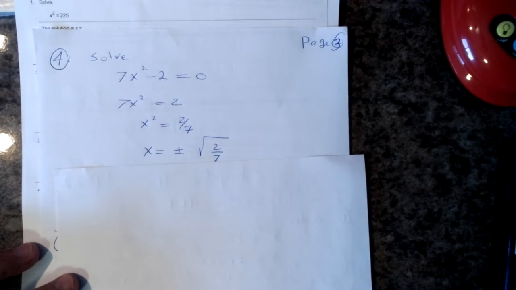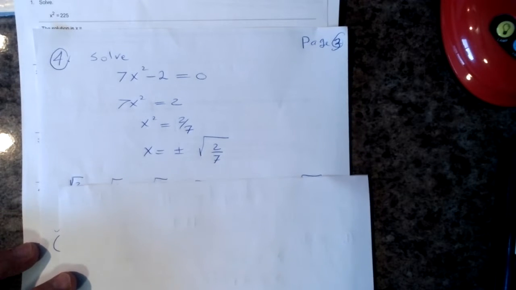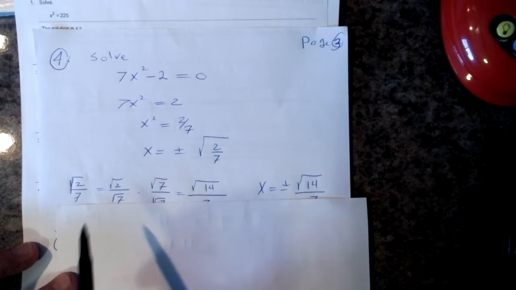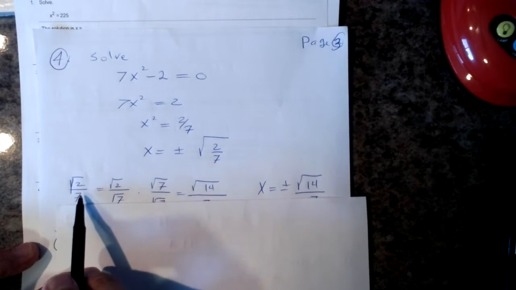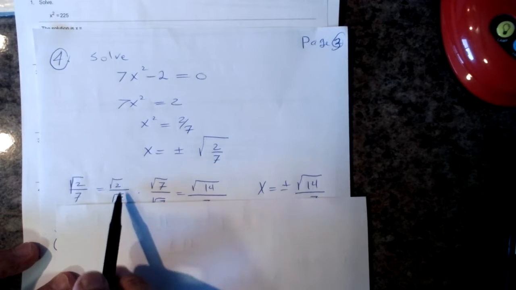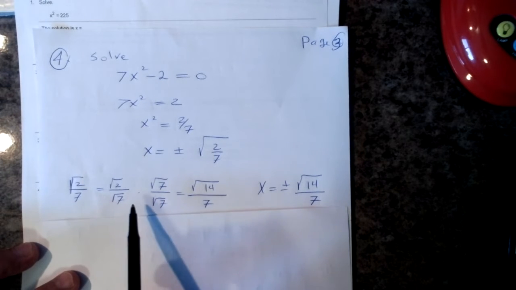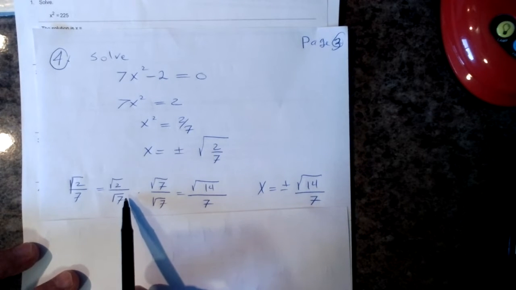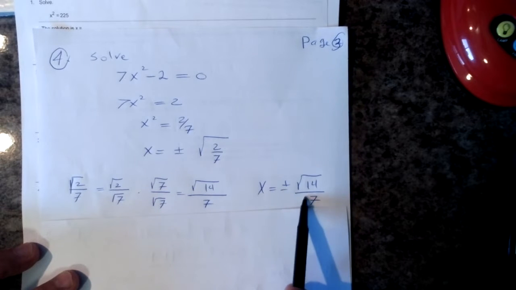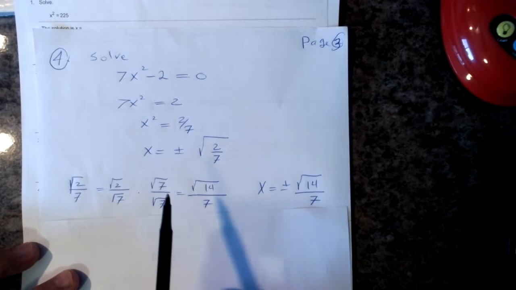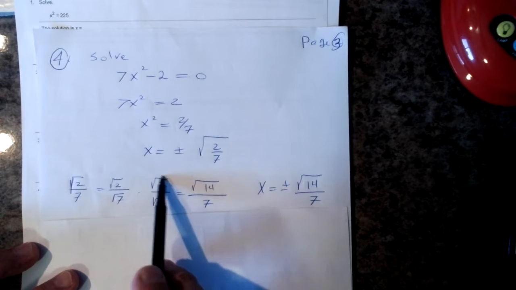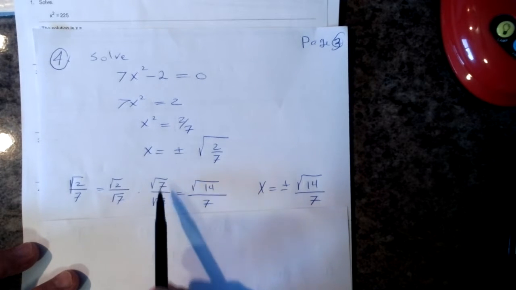Now, when you are using MyMathLab, sometimes they want the answer in a different form. So I'll show you here. Radical 2/7, you could just write it as radical 2 over radical 7. Then we rationalize the denominator. Rationalizing the denominator means I want an answer that doesn't have a denominator under the radical. So I multiply by a new fraction, which is basically 1: radical 7 over radical 7.